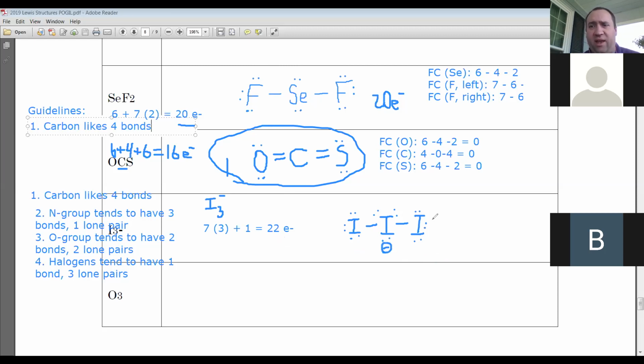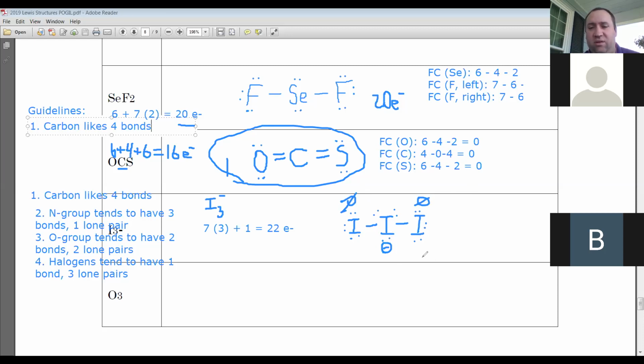The way I know that, again, is using my guidelines. Halogens tend to have 1 bond and 3 lone pairs. Well, the bond and 3 lone pairs are both on the outside, so we know that these have no charge. The negative charge must be on the middle.